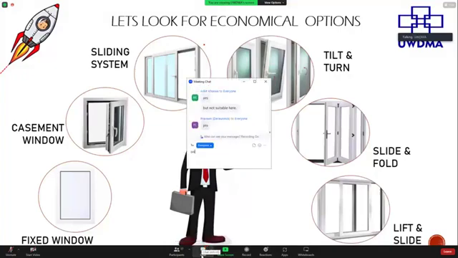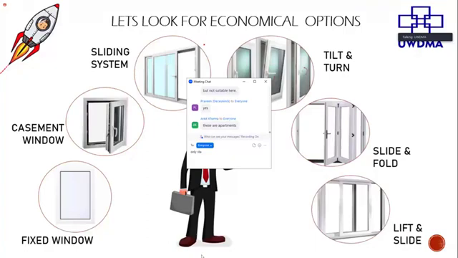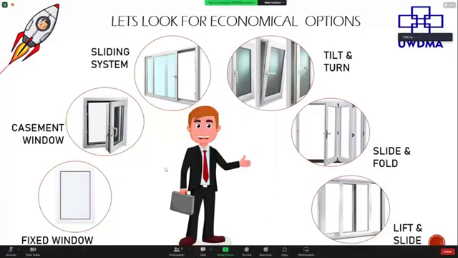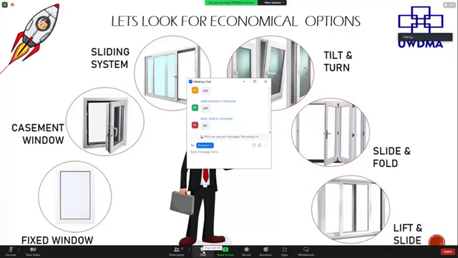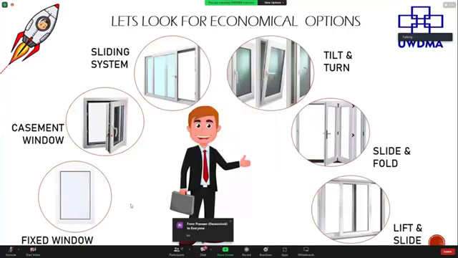Let's see if it's suitable or not, but right now we're talking about an economical option. So a fixed window could be an economical option. Casement windows, are they an economical option? There is a mixed opinion, some yeses and some nos.